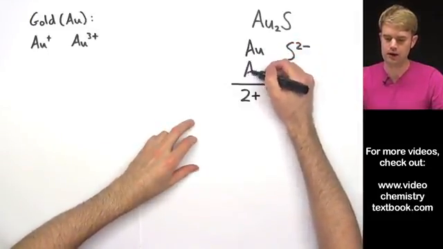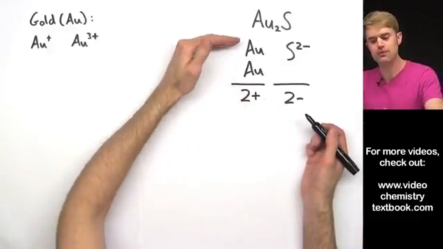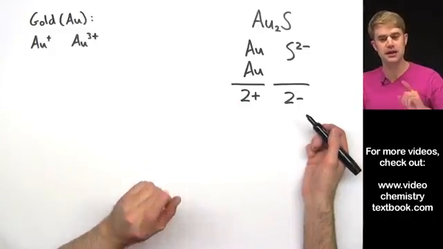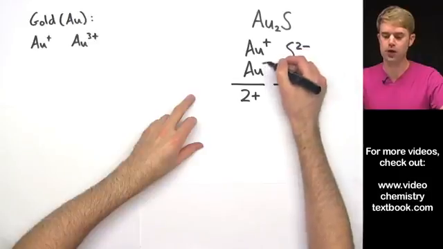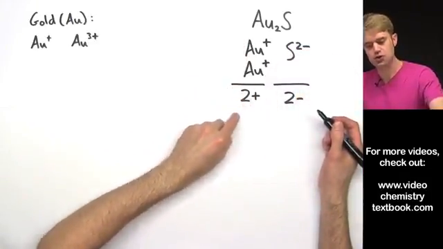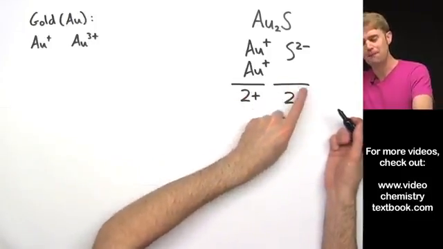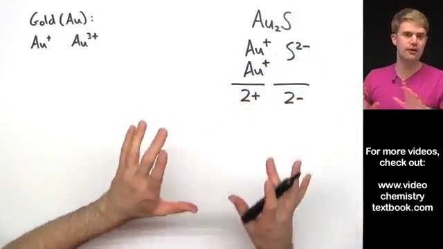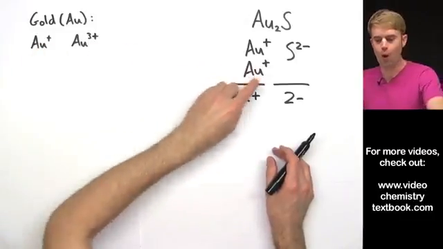Here's one, here's the other. And this 2+ is distributed between these 2 ions. So each one, since we have 2 of them, is going to be Au1+. So now we have 2 Au1+, which give us 2+ of total positive charge, balanced out by 2- of negative charge from our S2-. So we've figured out in this case that our charge on gold is 1+.